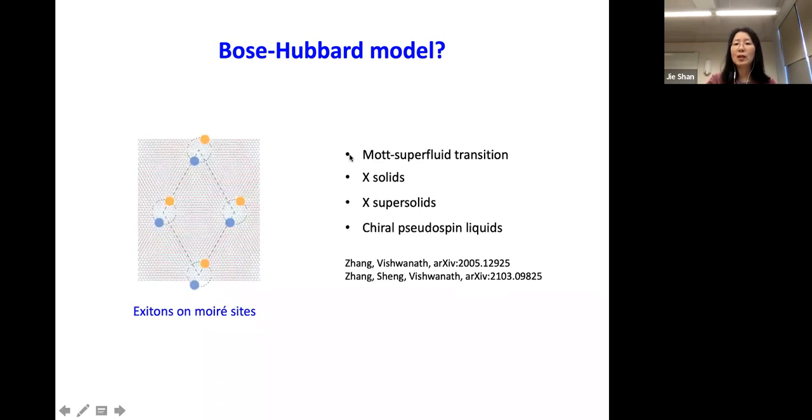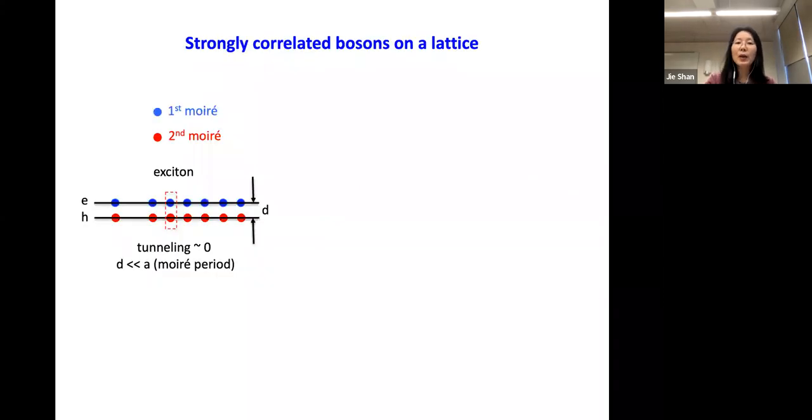And if you think about this, the implication from a theoretical point of view, people have already thought about this, and on the experimental side, we are a little bit behind. But you can think about one way to realize something like this. You say, okay, if I can make two identical moire lattices, and I can place them very close to each other, and I can make sure that the tunneling between those two lattices is negligible.